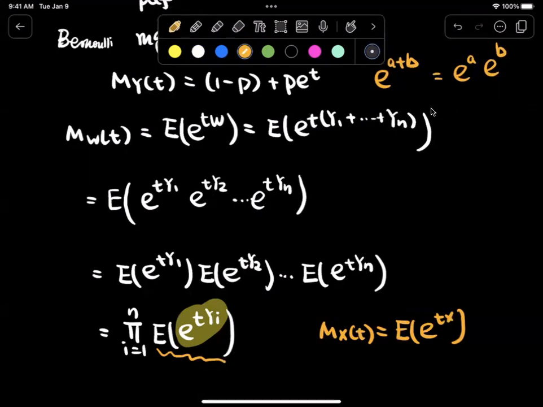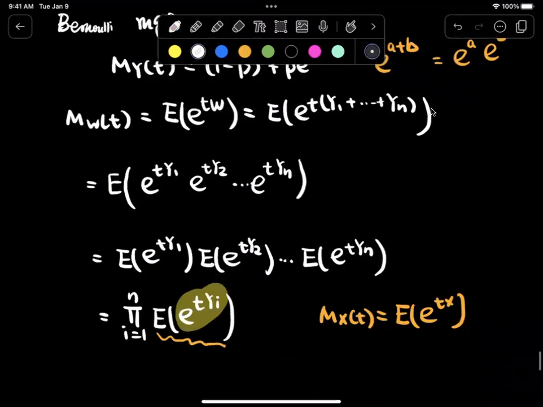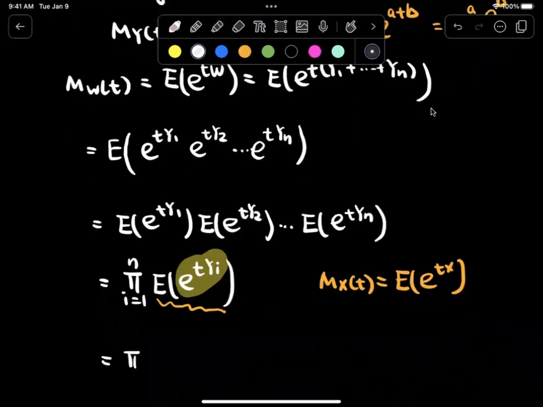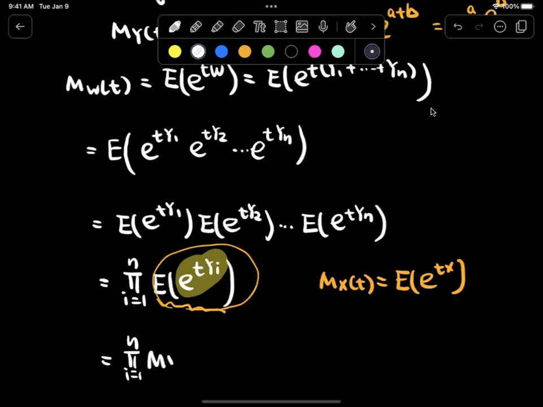By this definition, this is the MGF of yi. Because the MGF of x is the expectation of e to the power of tx, naturally the expectation of e to the power of t yi would be the MGF of yi.